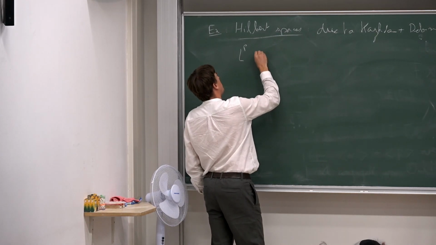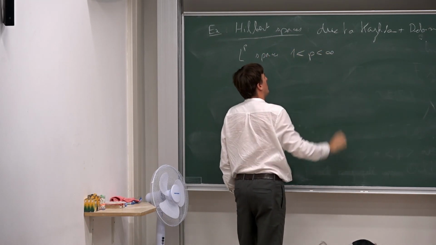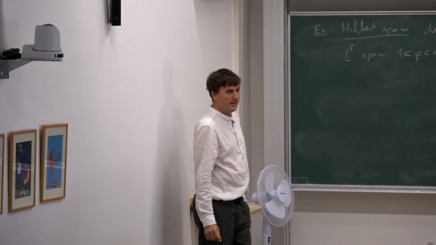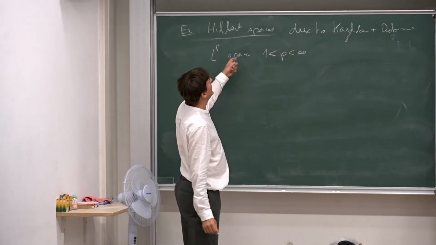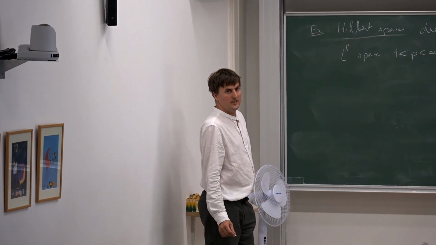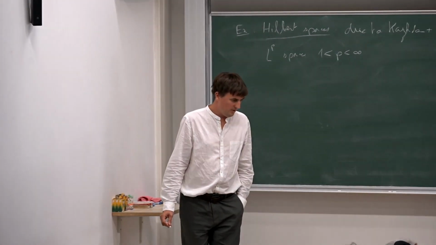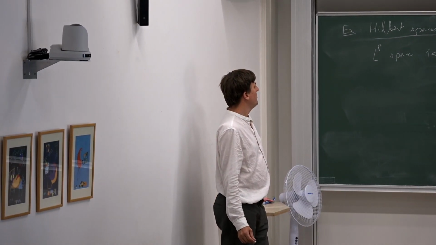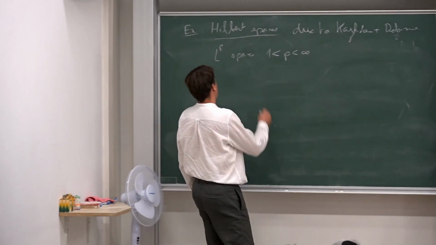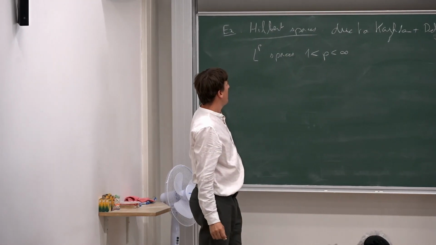If you take LP spaces with P in the range where you exclude 1 and infinity, then there are some classical inequalities that show that these spaces are uniformly convex. And these inequalities are usually, in my opinion, the easiest way to prove that LP spaces are, well, it's one way of proving that Hilbert spaces are reflexive, that LP spaces are reflexive.